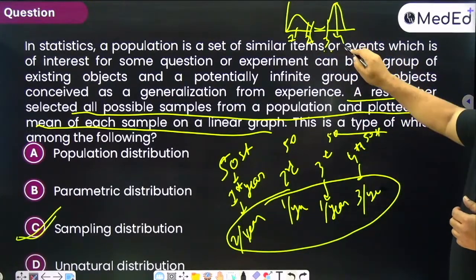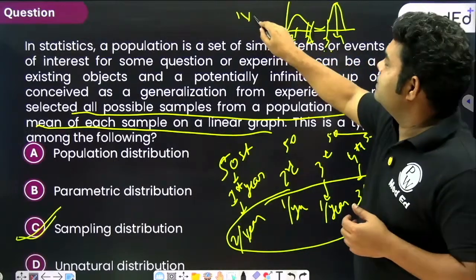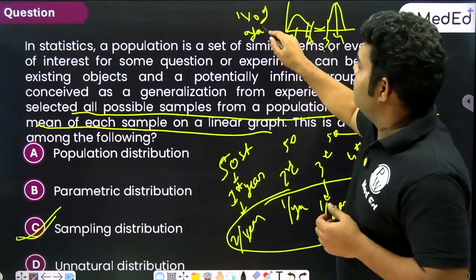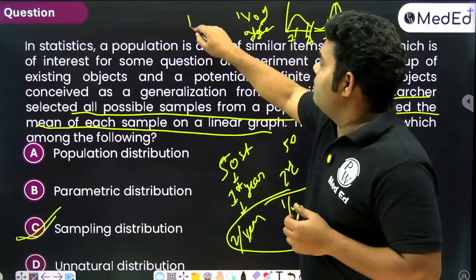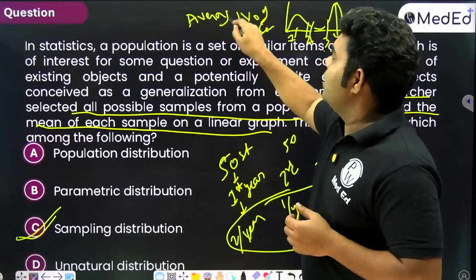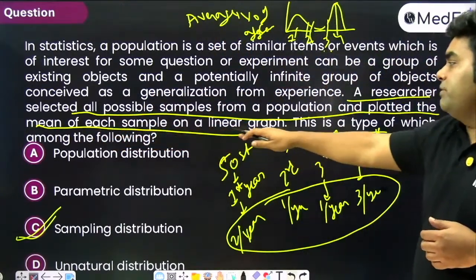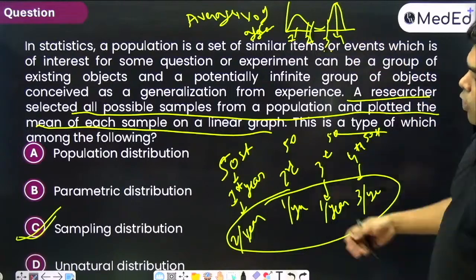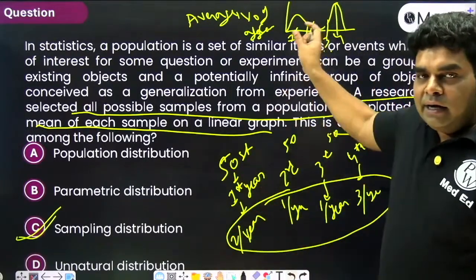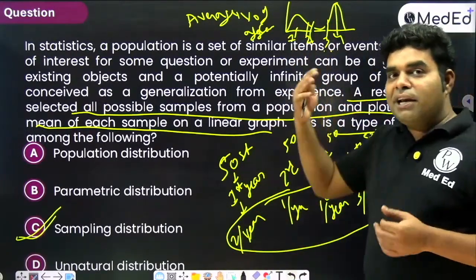So this is the number of affairs. Which type of affair? Mean affair. Average number of affairs is known as mean affair. So I am taking the mean of each sample on a linear graph. We call it sampling distribution. The mean of the 4 samples I took, arranged in a linear graph, is the sampling distribution.